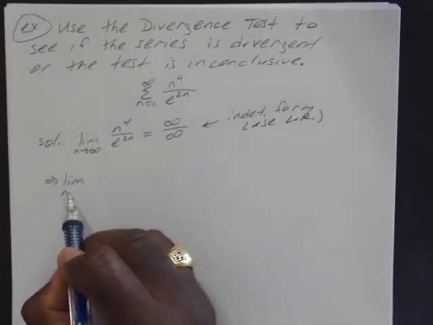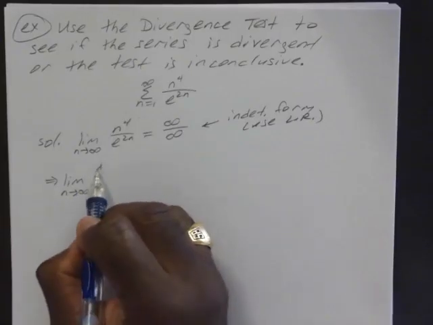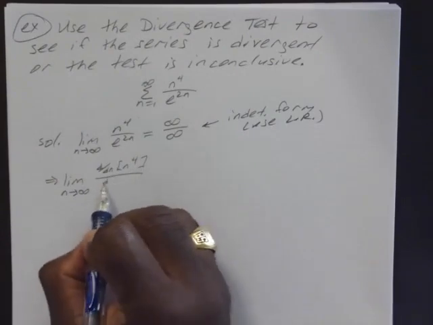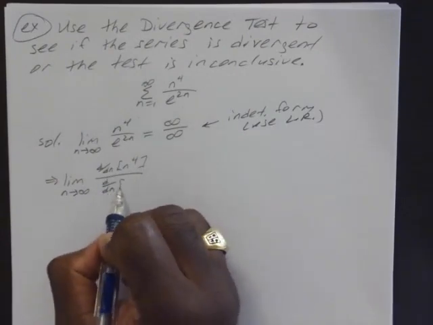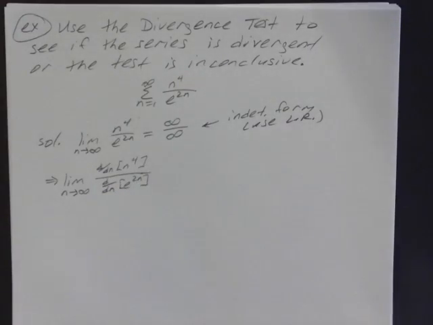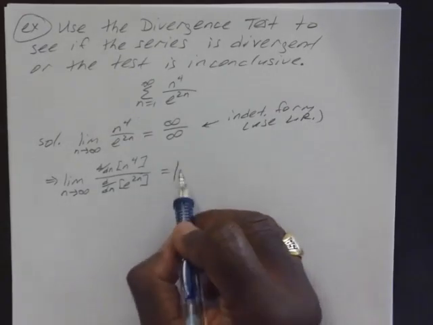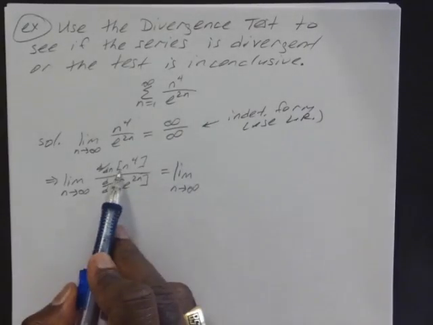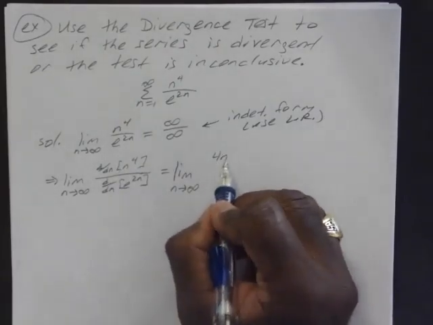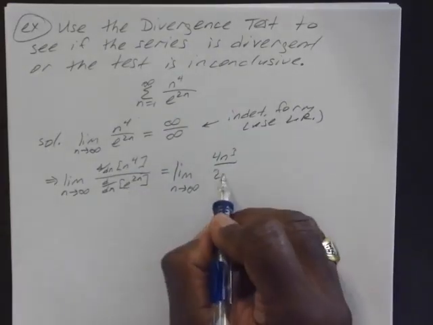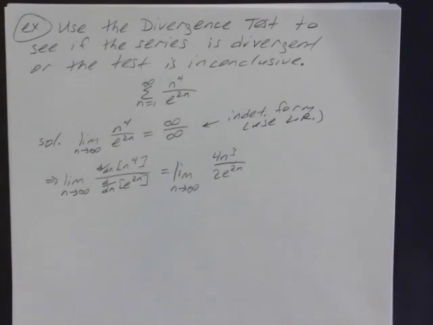So that gives us the limit as n approaches infinity of the derivative of n to the fourth power divided by the derivative of e to the power 2n. Which gives us the limit as n approaches infinity of 4n to the third power for our numerator divided by 2 times e to the power of 2n for our denominator.